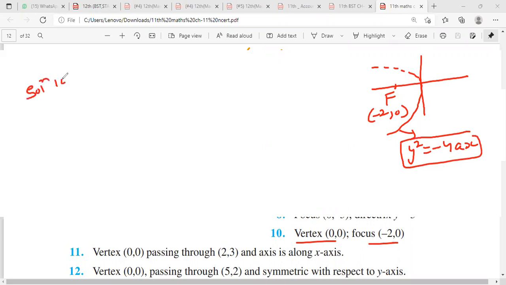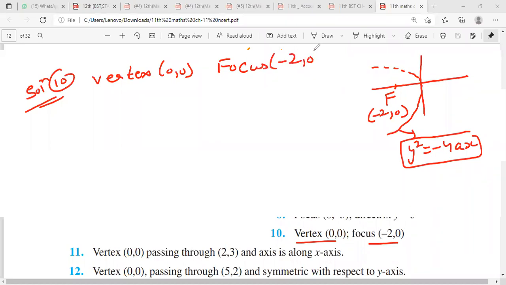So in case of question number 10, vertex 0, 0 and focus is -2, 0. It means value of a is 2.